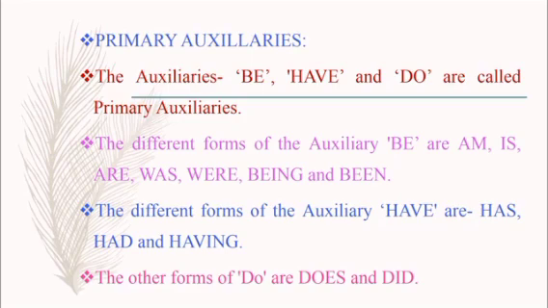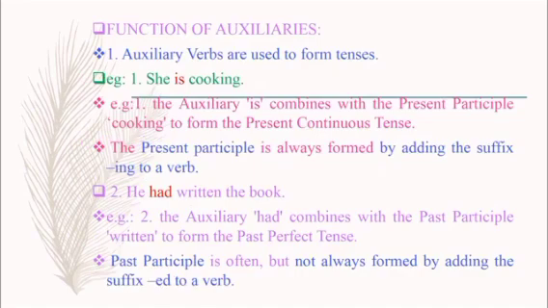Next, we are going to see the functions of auxiliaries. The first function is that auxiliary verbs are used to form tenses. Example, she is cooking. Here, the auxiliary is combines with the present participle cooking to form the present continuous tense.